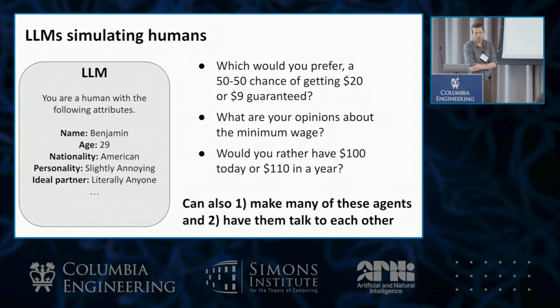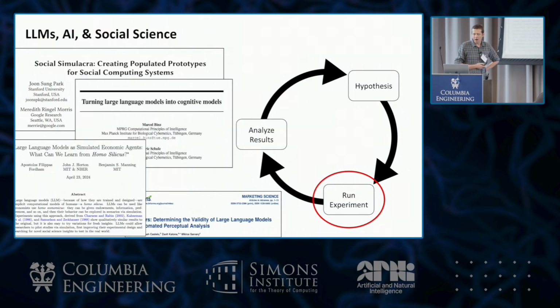You can ask them their opinions, but you can also have them interact in free-form ways. You probably have seen some of these papers, but you can make very rich simulations of social phenomena. There's a question of what exactly are we doing? And I think people working in this space are trying to figure out what this means, but people are doing this kind of thing. There's quite a few papers.